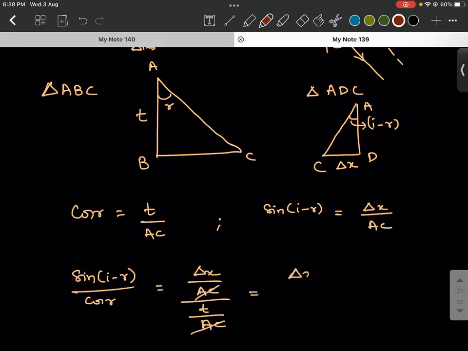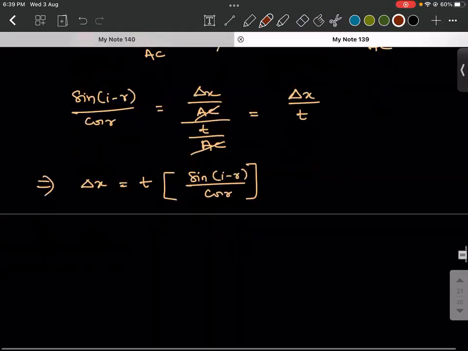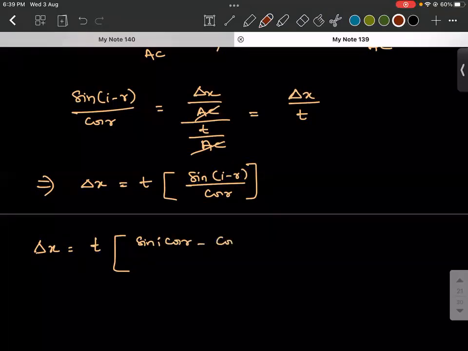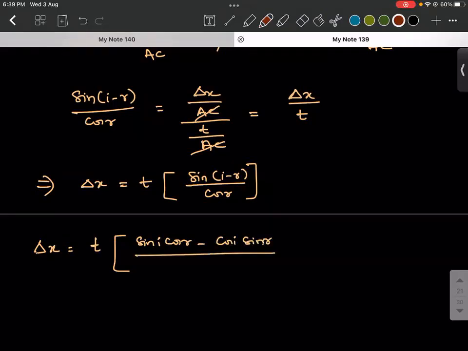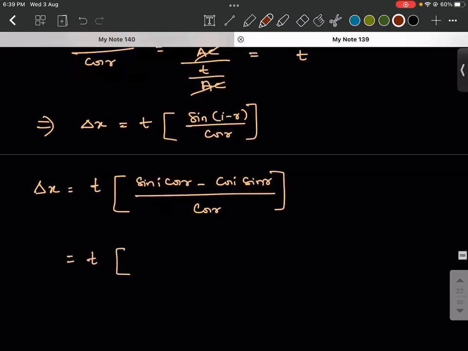AC and AC are gone, which implies it is equal to delta X divided by T. So delta X will be equal to T into sine of I minus R divided by cos R. I can write it as T into sin I cos R minus cos I sin R, the whole divided by cos R. So when I do this, delta X will be equal to T into sin I minus cos I into tan R.